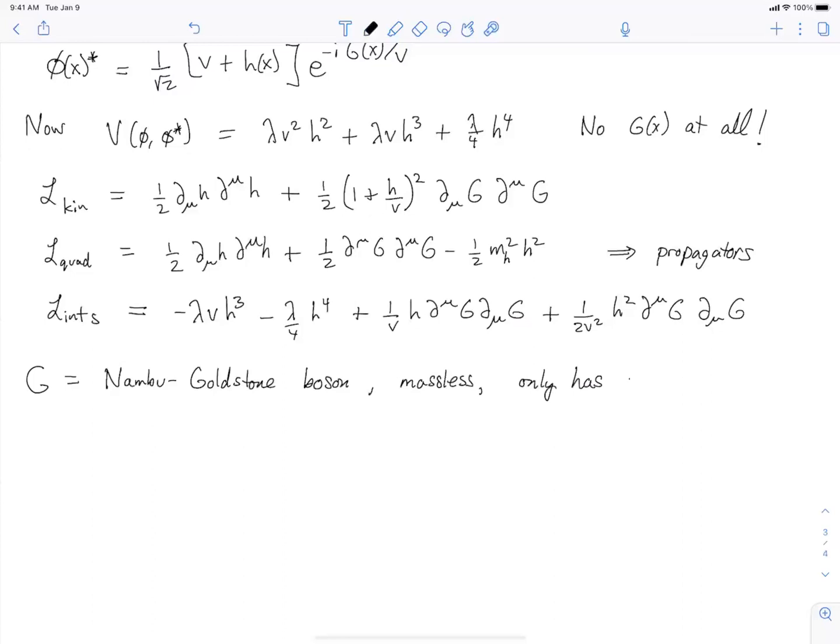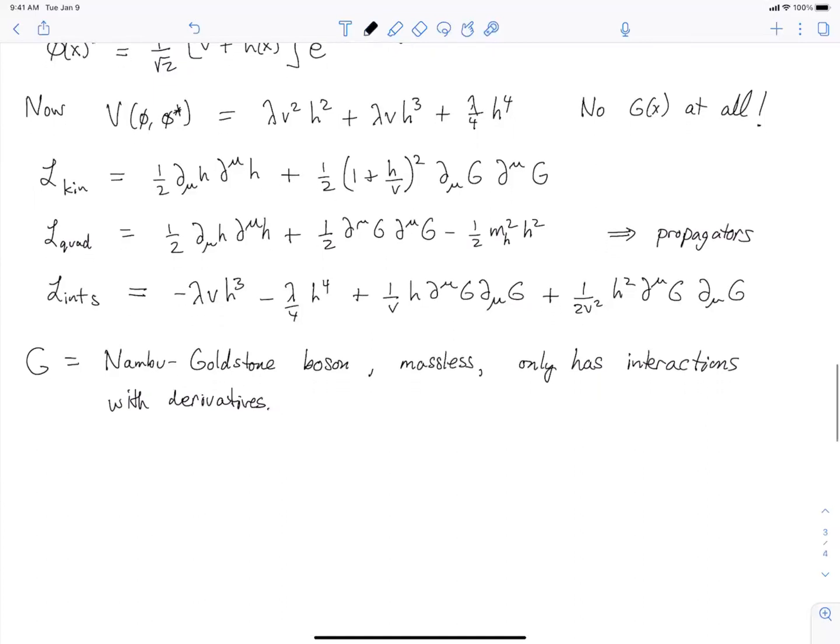So the only interactions it has are with derivatives acting on it. And so in a sense, this is a more interesting way than the first way we analyzed this, because we've learned that in this way of writing the fields, we'll never get an interaction that has g without a derivative acting on it.